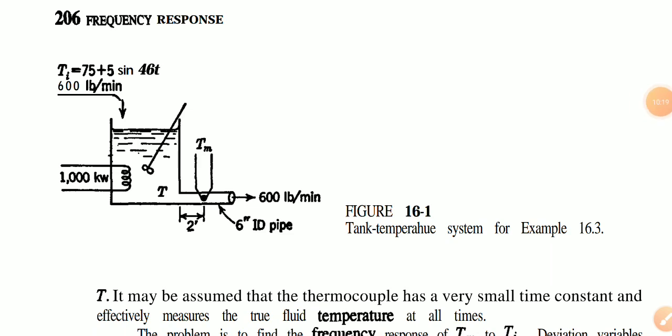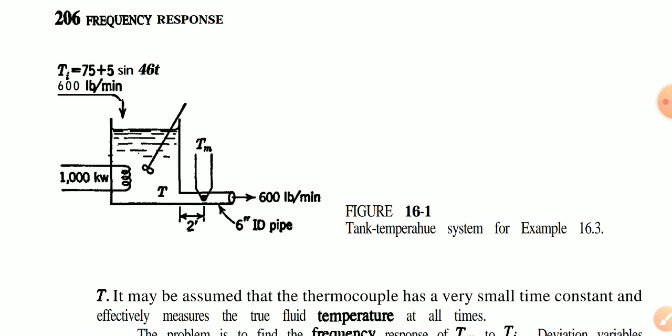Ti is equal to 75 plus 5 sin 46t, 600 lb per minute, for 1000 kilowatts. The 600 lb per minute and the 6 inch ID pipe, and the tank temperature system for this example 16.3.